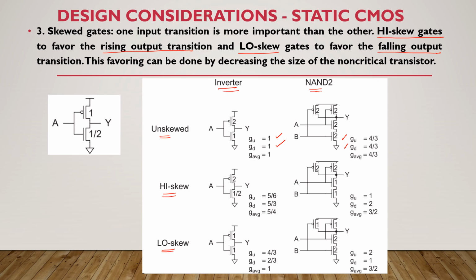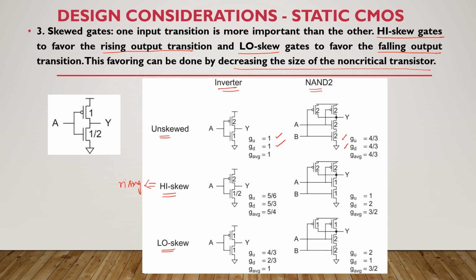For the high skewed inverter, see here how to design the high skewed gates and low skewed gates. The favoritism can be done by decreasing the size of the non-critical transistor. See here, the high skewed favors the rising transition, right?